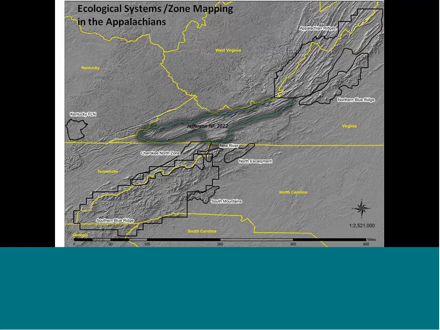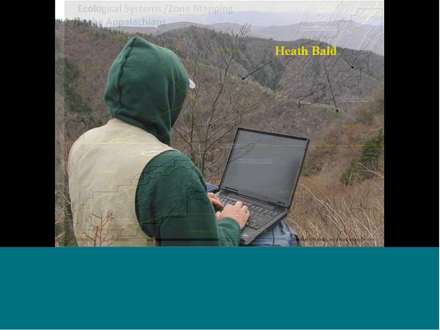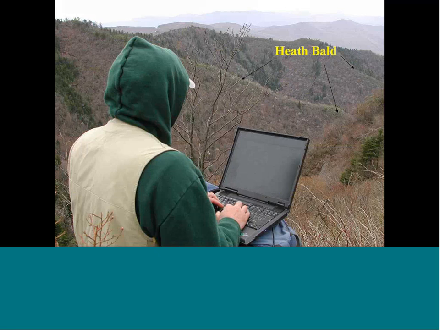It also tends to be a lot more specific than LANDFIRE or gap data in its identification of these communities. The basic idea is that natural communities occur in predictable, recurring places on the landscape, and they're dictated by landform, elevation, geology, precipitation, et cetera.